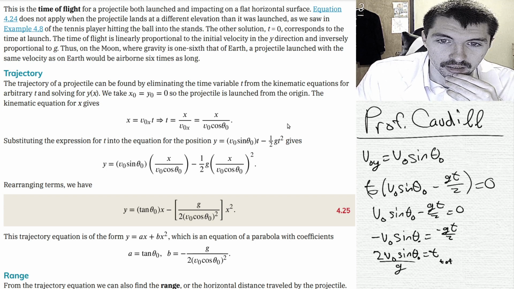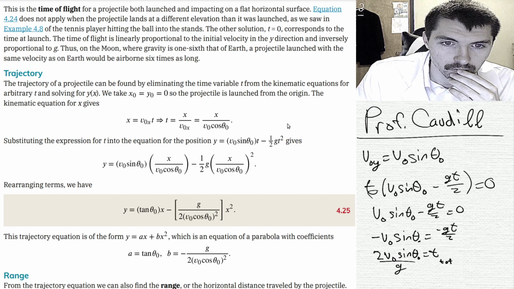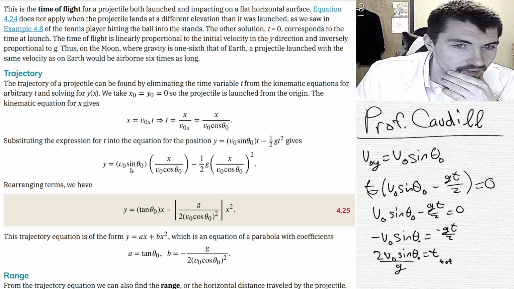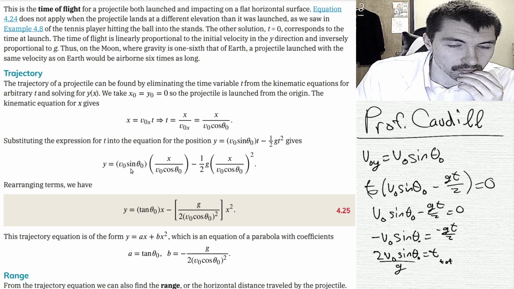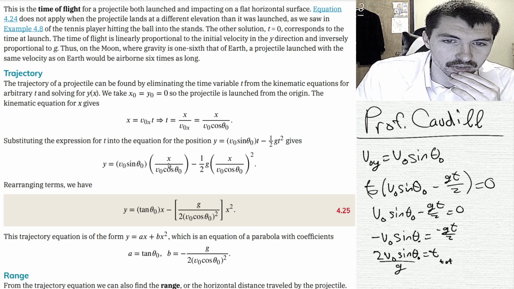Okay, so they're taking v. I'm wondering why there's an x here. Is x the displacement?